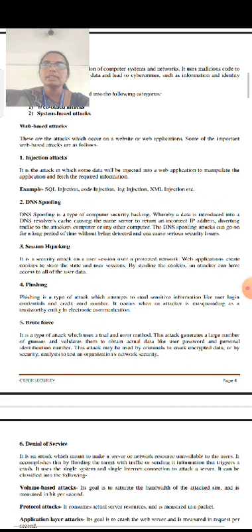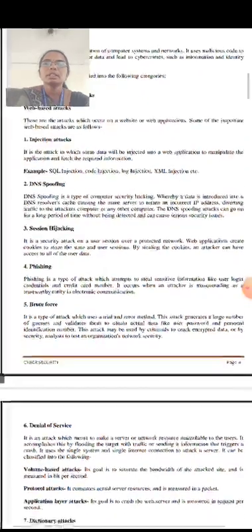Spoofing is a type of computer security hacking where data is introduced into a DNS resolver cache, causing the name server to return an incorrect IP address, diverting traffic to the attacker's computer or any other computer.